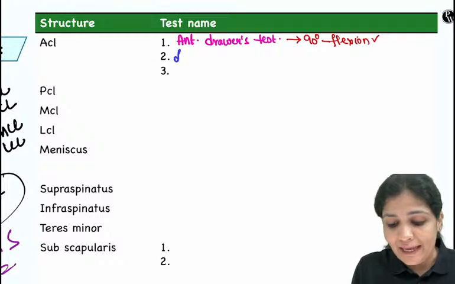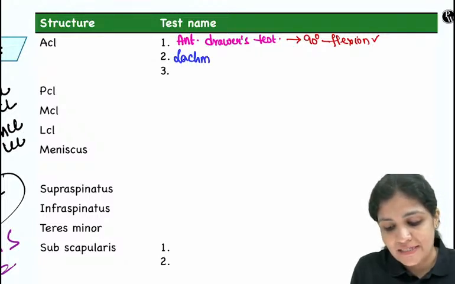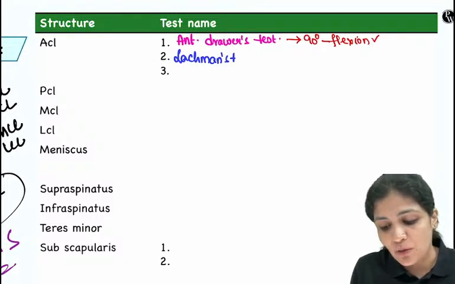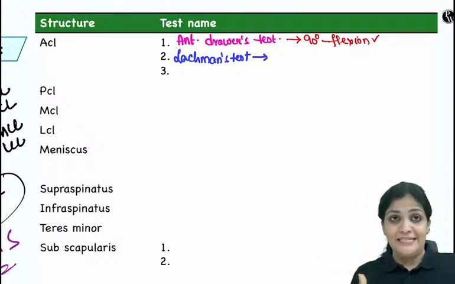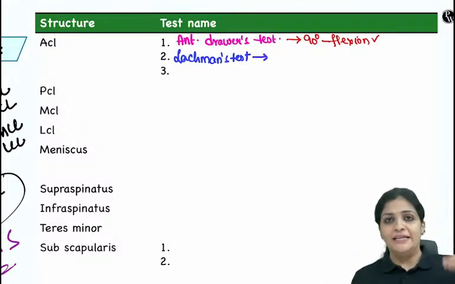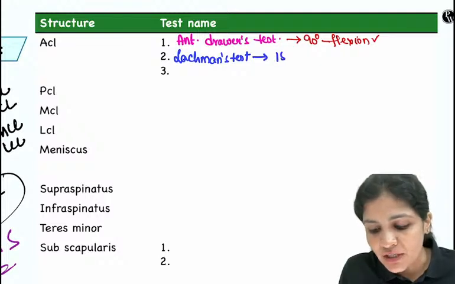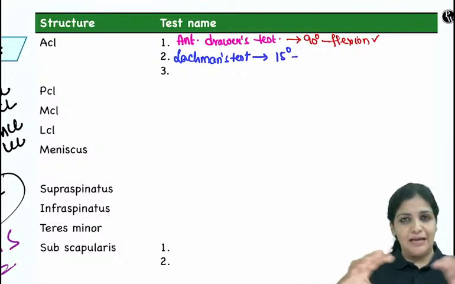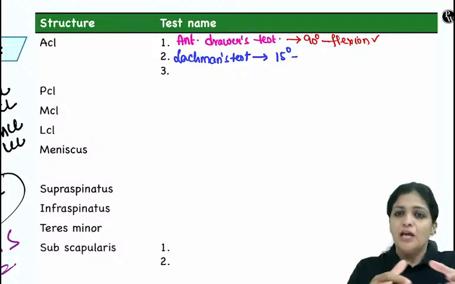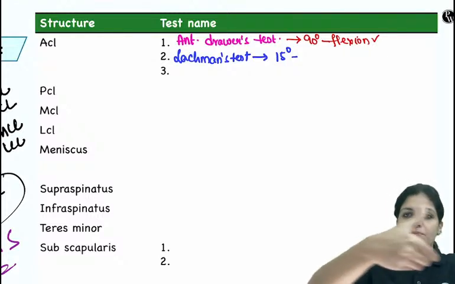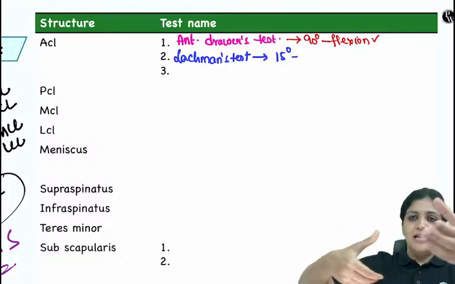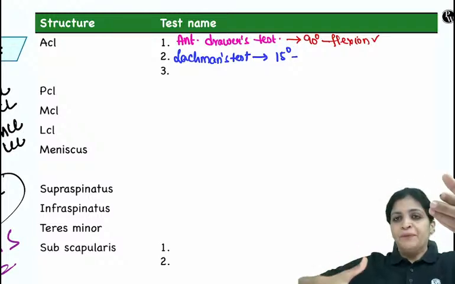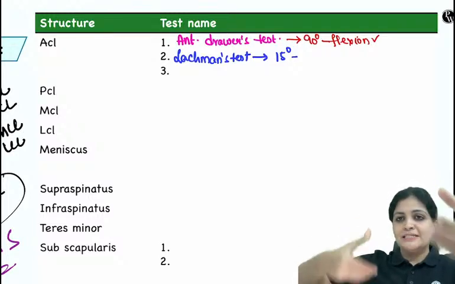You take the help of Lachman's test. Lachman's test was originally designed to identify the ACL whenever you can't flex the knee to 90 degrees. Here, what would be the flexion? Just 15 degrees of flexion is enough. So whenever a patient comes with full swelling and full pain, you can just do 15 degrees. Your hand position will be like this, holding the femur and the tibia, and now you do this type of translation.